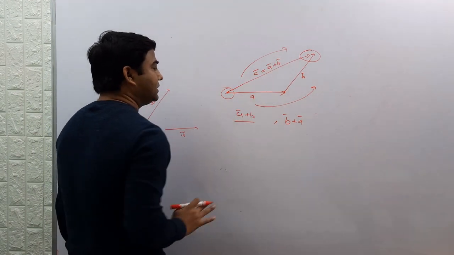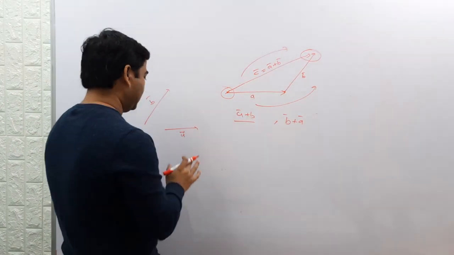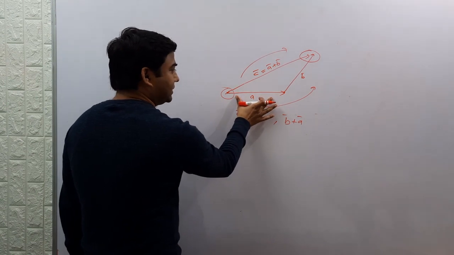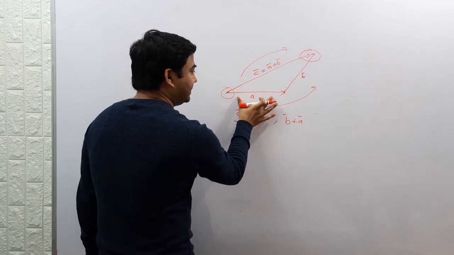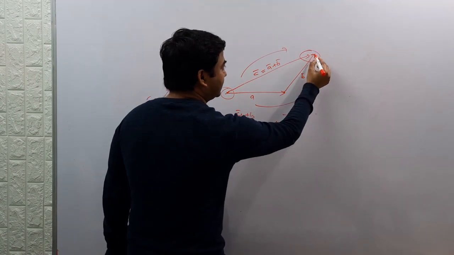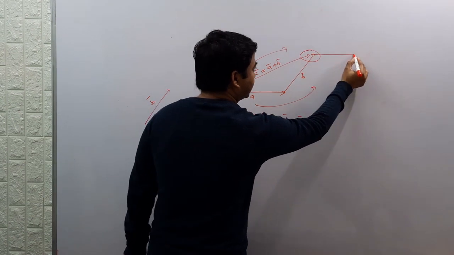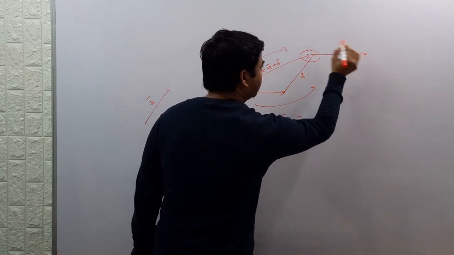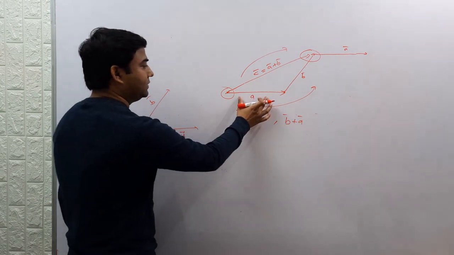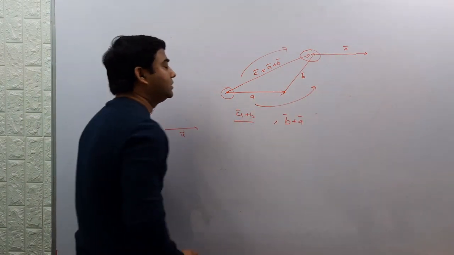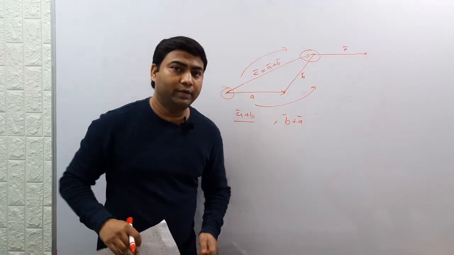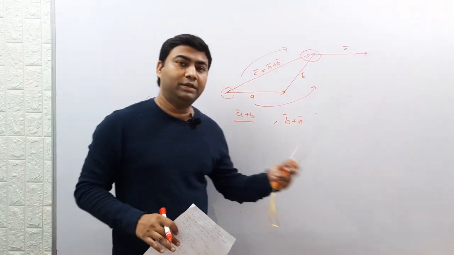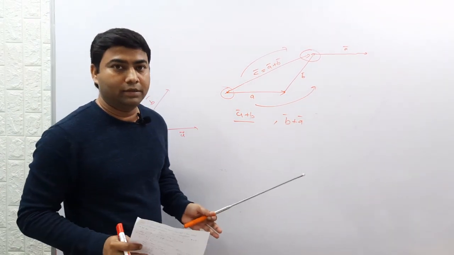We will add B plus A here in the same place. Now this vector A: the second vector's tail will start from the head of the first vector. This vector we have shifted to this place. I have already told you vectors are free. They can be transferred from anywhere to anywhere.